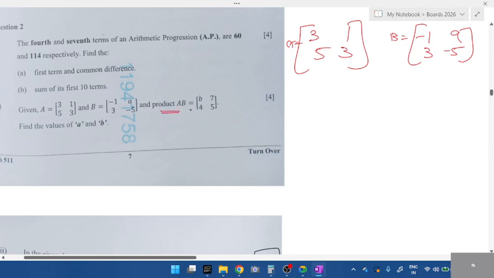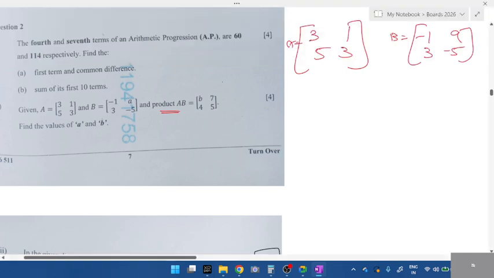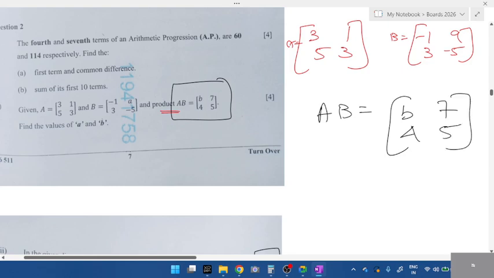Product of AB. What do you mean by product of AB? What equation have they given us? This is the equation, right? So A into B is equal to 7, 4 and 5. What do we need to find here? A. So this is the equation given to us.